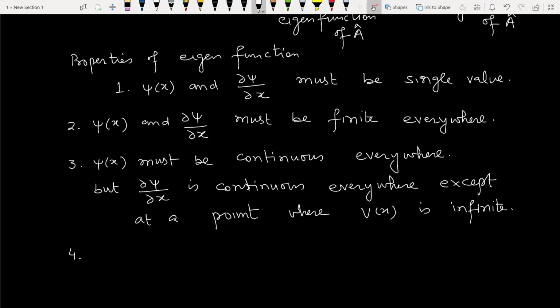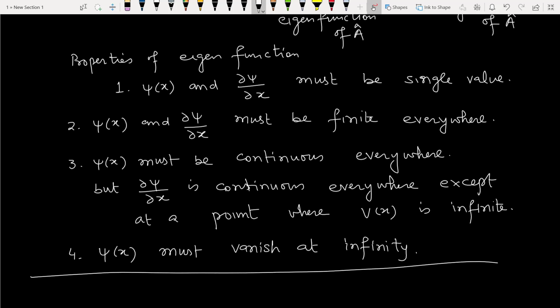Last point, ψ(x) must vanish at infinity. The value of the function should be 0 at infinity. So in quantum mechanics we deal with such kinds of functions which follow these relations.